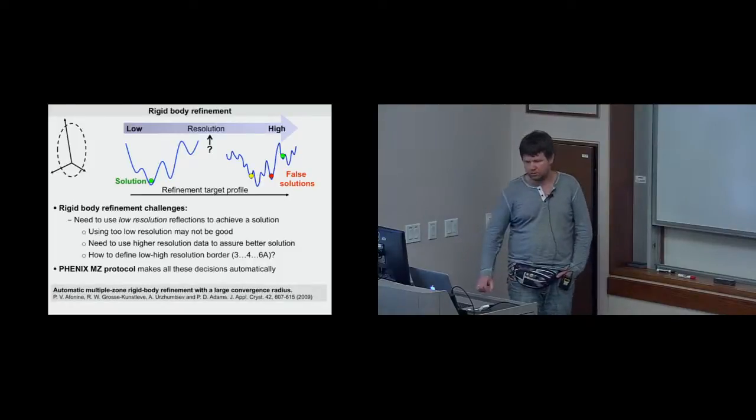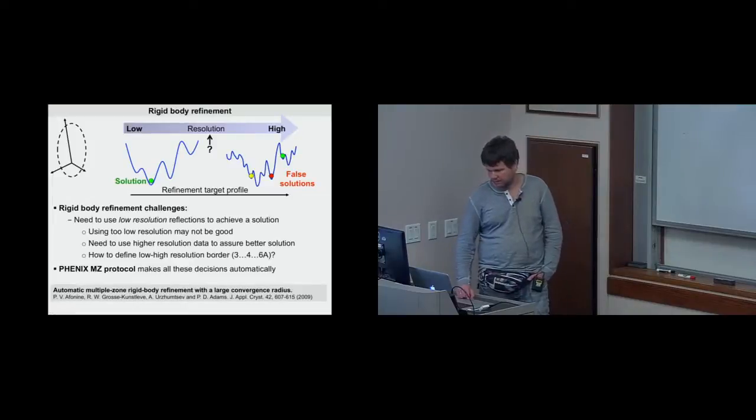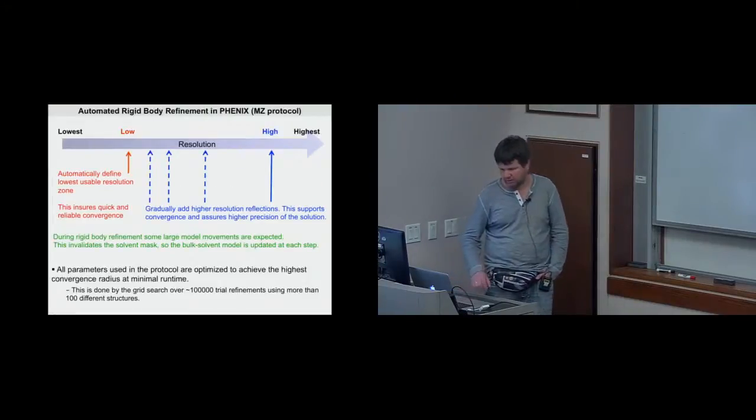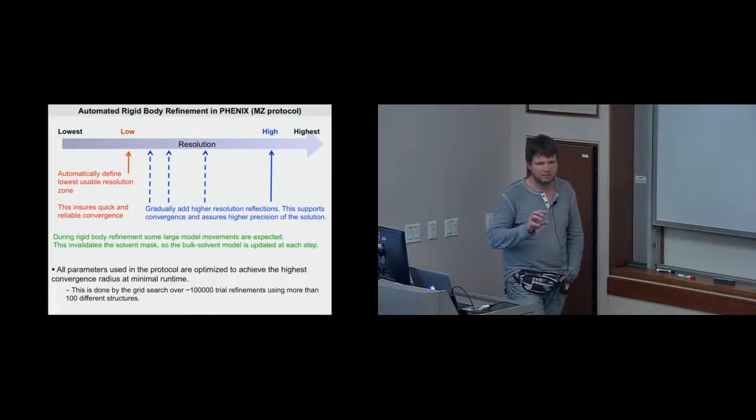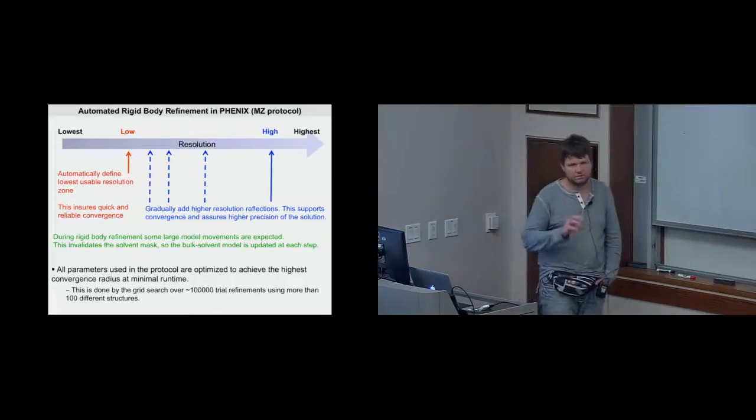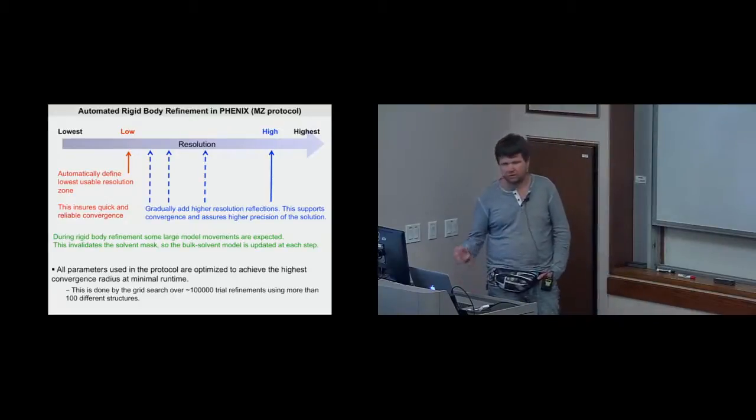And we managed to automate the whole procedure. This is how it works. We start with some number of lowest resolution reflections, and we have algorithms to estimate it. And we do refinement against those lowest resolution reflections first. That gives you the highest convergence radius because the map is featureless at that resolution. And then we gradually keep adding higher resolution reflections and keep refining the model.